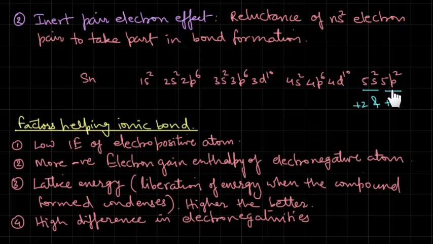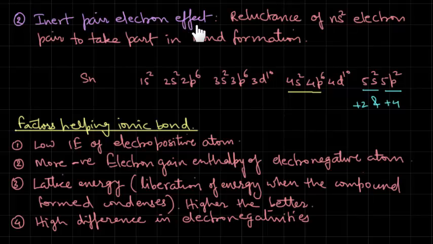So it has a reluctance to lose these 2 electrons. Ideally, it should lose all 4 to form a noble gas configuration of 4s2, 4p6. But it is reluctant to lose this 5s2. So it will lose these 2 first, so it will have an electrovalency of +2, and then it will lose 2 more to have an electrovalency of +4.